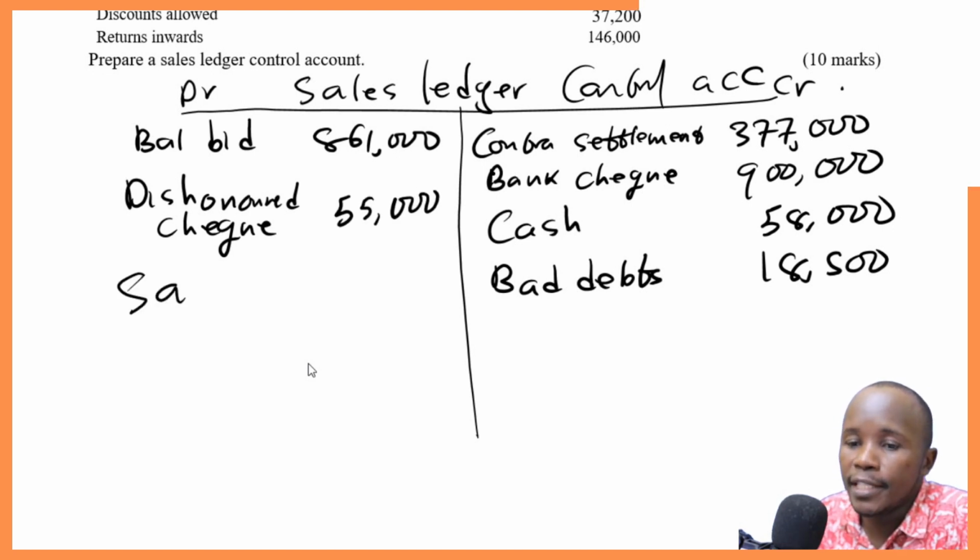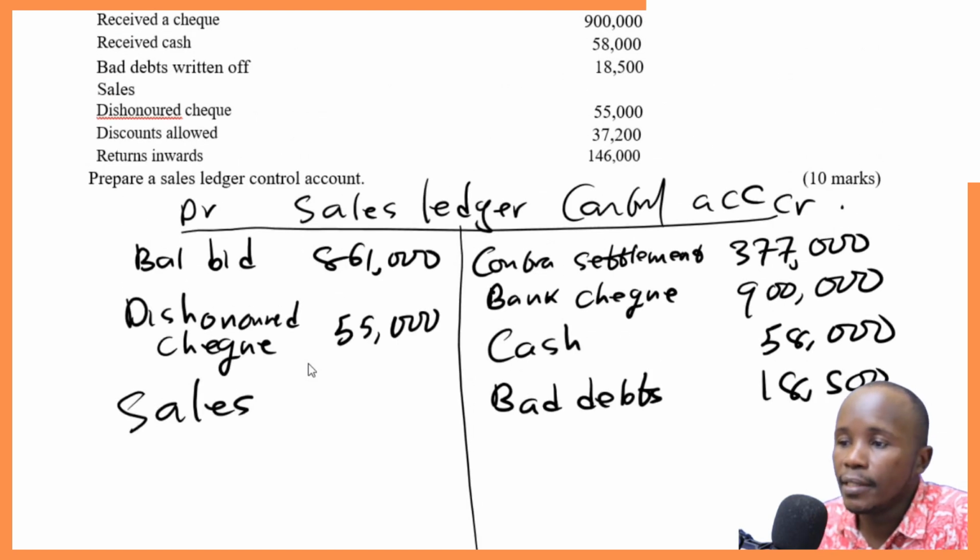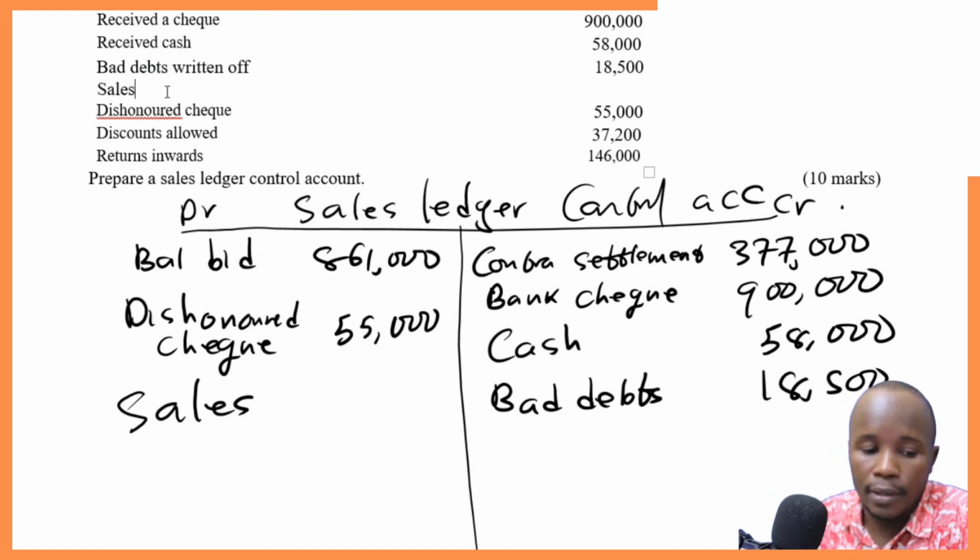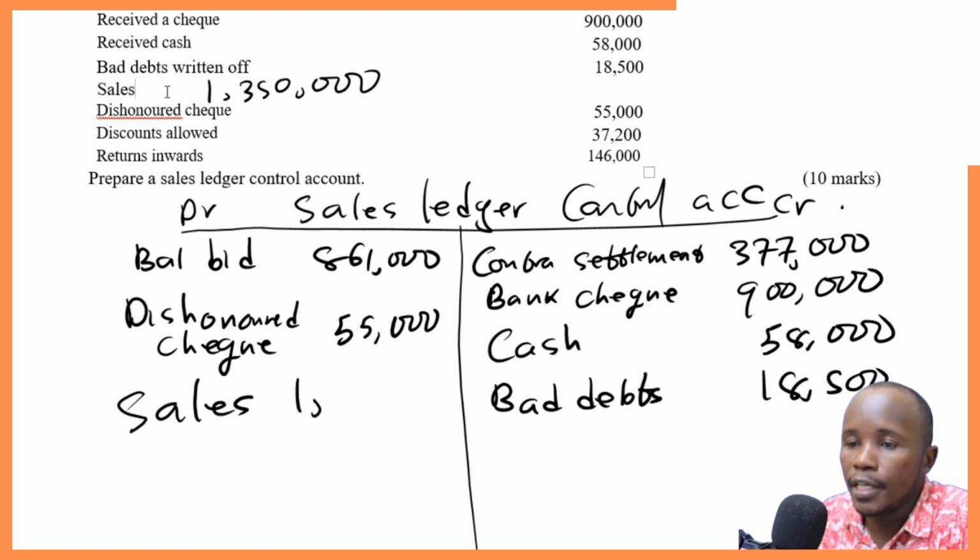Same thing with sales. Sales increases your debtors. The sales figure here was missing. This sales figure here is supposed to be 1,350,000. This sales figure increases your debtors.